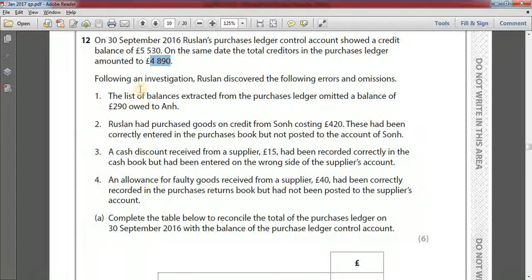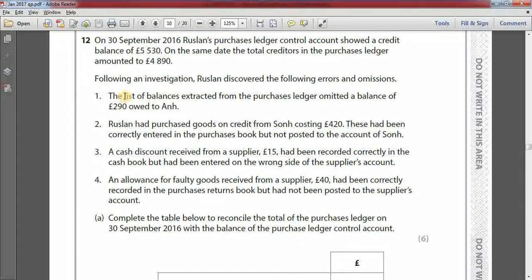Then the first error and omission is that the list of balances extracted from the Purchases Ledger omitted a balance of £290 owed to Anne. Here Anne is a creditor, and if you post this figure to Anne's account, it will be posted on the credit side.